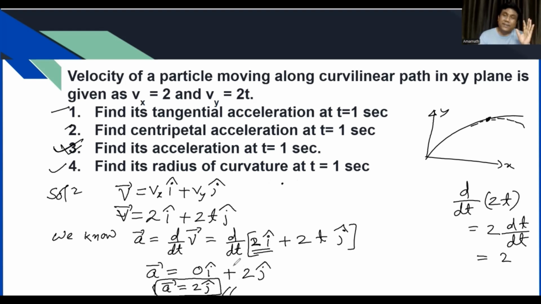It means that it is independent of time. At t equal to 1 second also, acceleration will be 2j. At t equal to 2 seconds also, acceleration will be 2j. 2j means the acceleration will be in the direction of the y-axis. Nothing else. So I have already calculated question number 3.